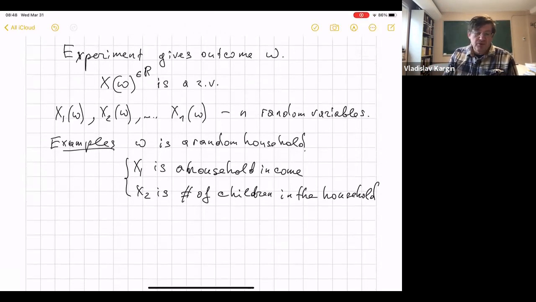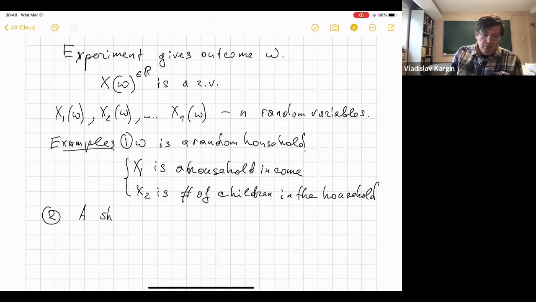A second example: say a student in a school.